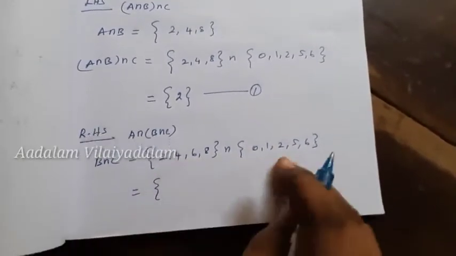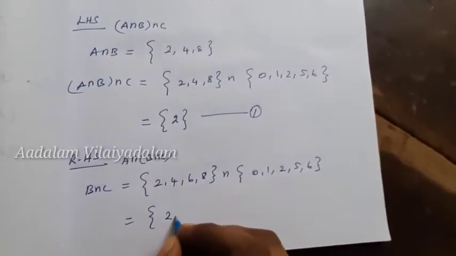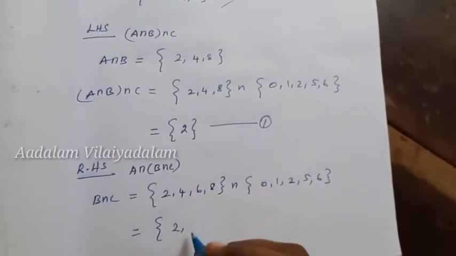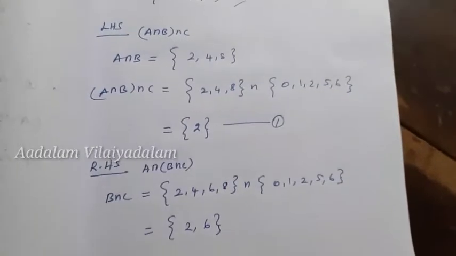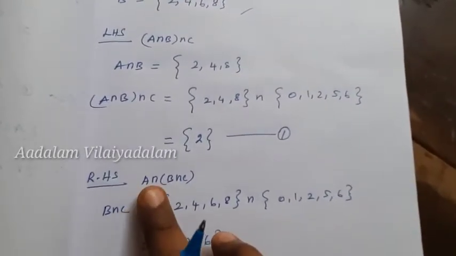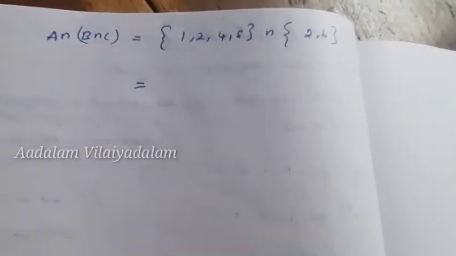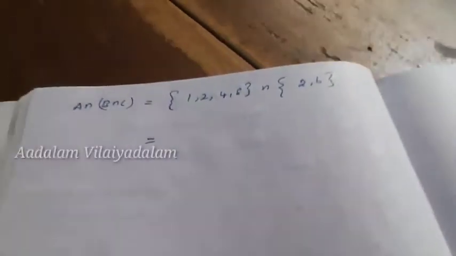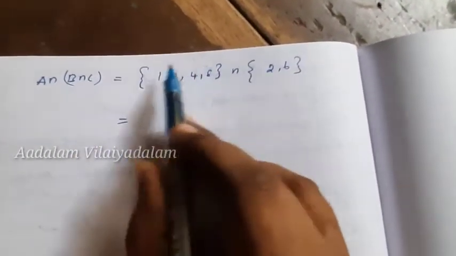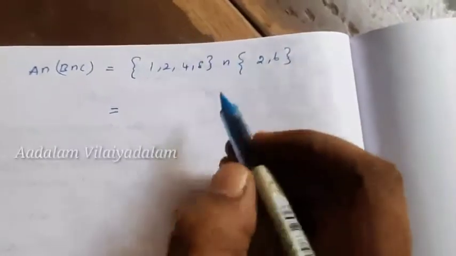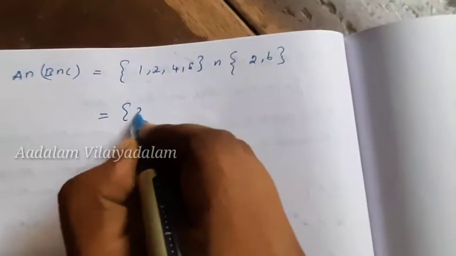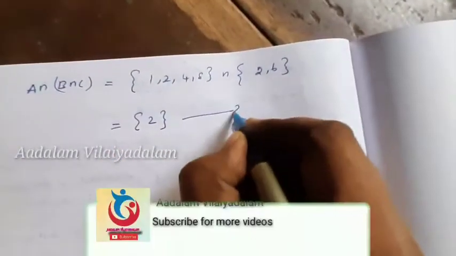Then the common elements: 2, 4 is not common, 6. So 2, 6 are common. Now we shall move to A intersection (B intersection C). This is A, this is B intersection C. Now the common element between these two sets is only 2. So take this as equation 2.